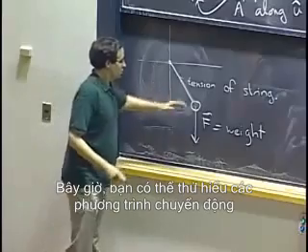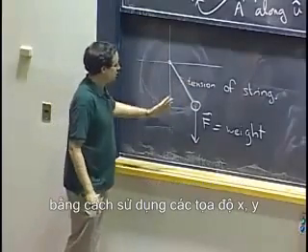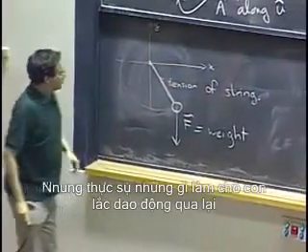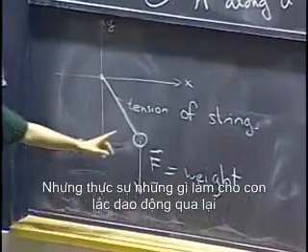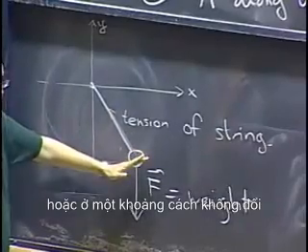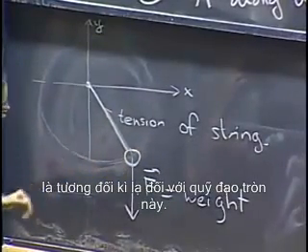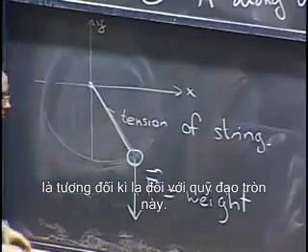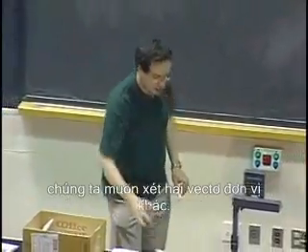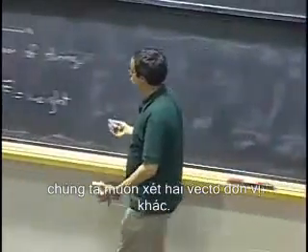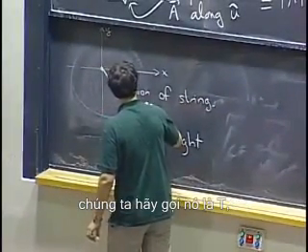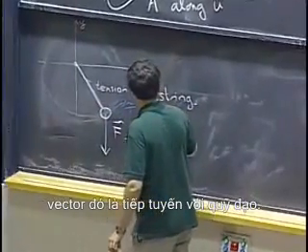Now, you could try to understand the equations of motion using xy coordinates. But really, what causes the pendulum to swing back and forth, and also to stay at constant distance, are phenomena relative to this circular trajectory. So maybe instead of taking components along the x and y axes, we want to look at two other unit vectors. We can look at a vector, let's call it t, that's tangent to the trajectory.